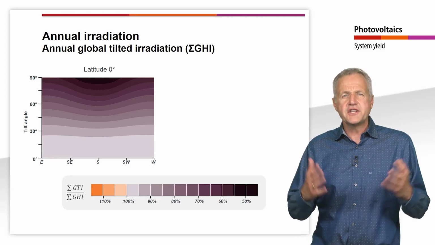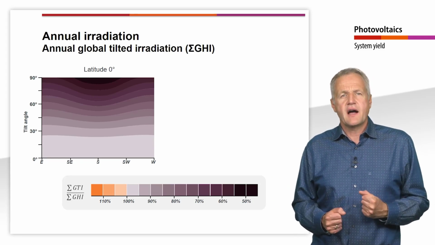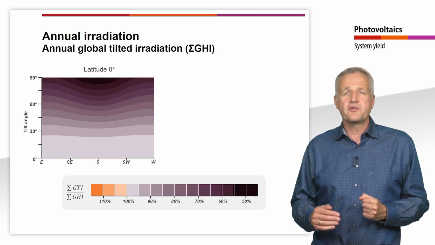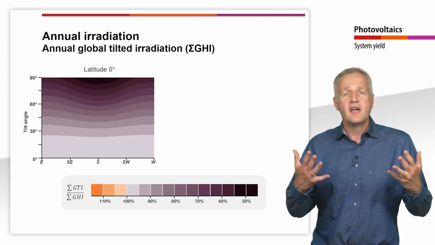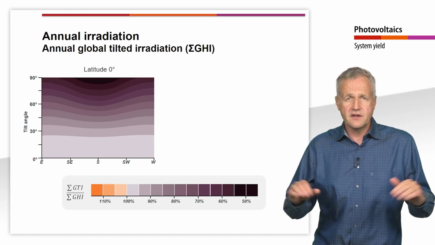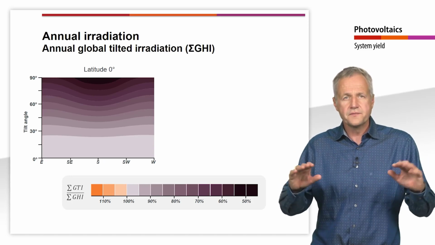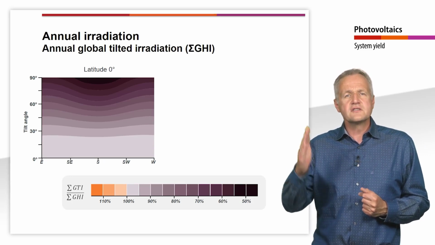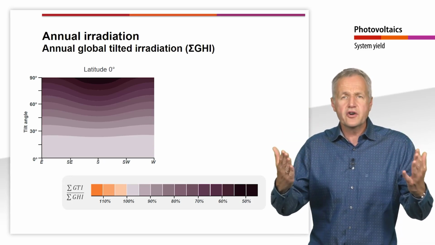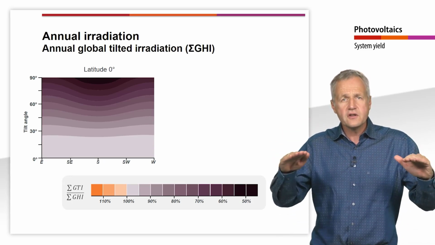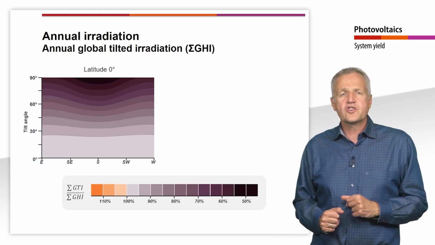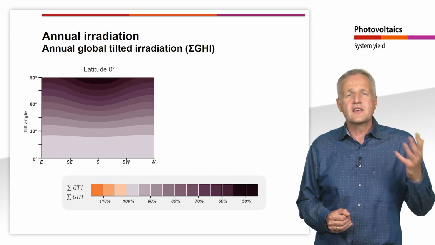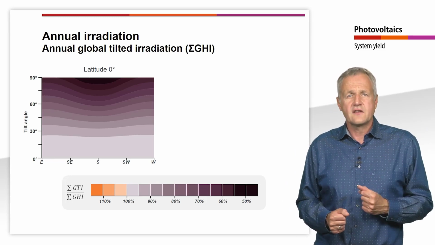Here you can see the ratio of the annual GTI to the annual GHI, global horizontal irradiance, for different orientations and tilts on the equator, that is, latitude 0. It can be seen that the solar yield on the tilted surface is never greater than on the horizontal. The horizontal corresponds to a tilt angle of 0 degrees, in this case the x-axis.